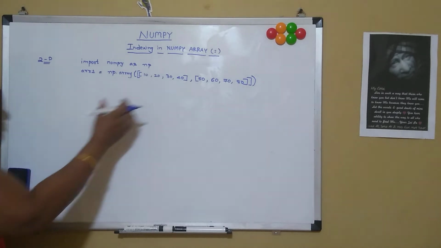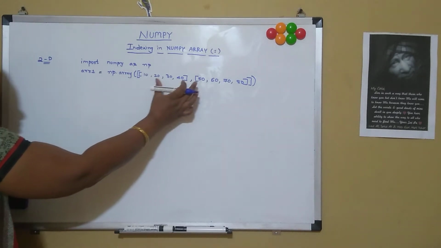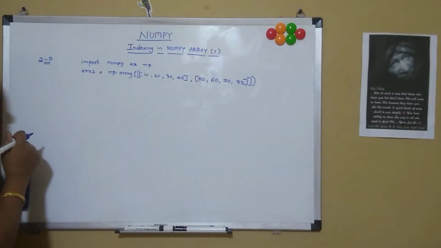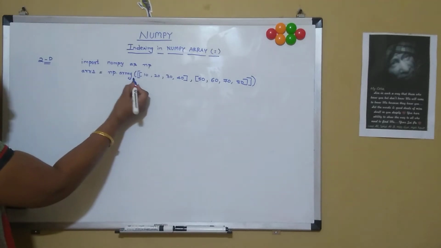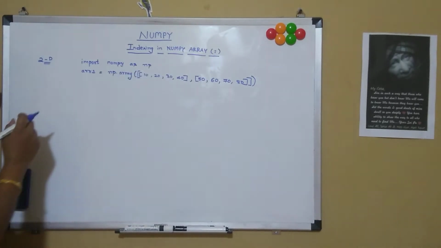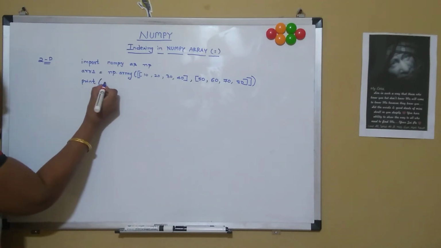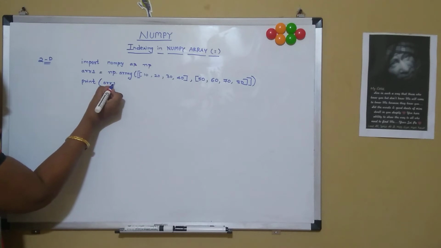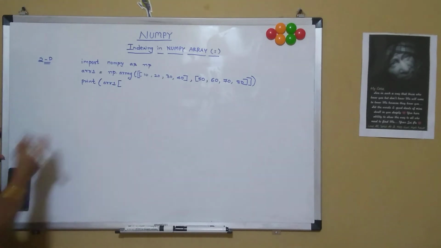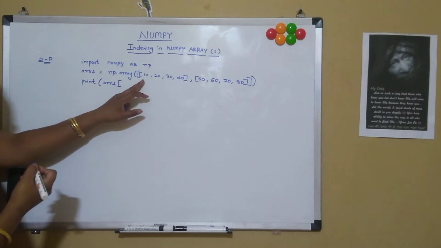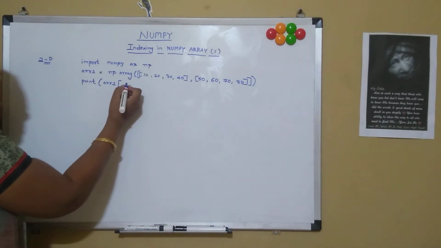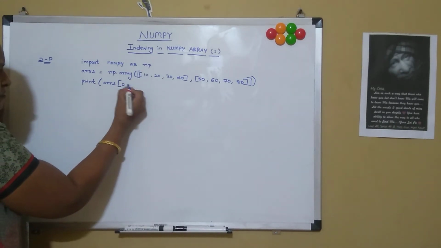Now if I want to fetch a particular row or a particular column elements, then I can do so with the help of the index colon symbol. So firstly, let me say print array1 square brackets, let me say 0 comma colon.